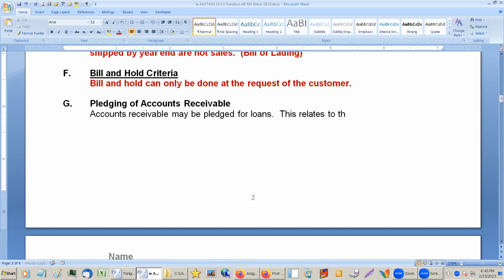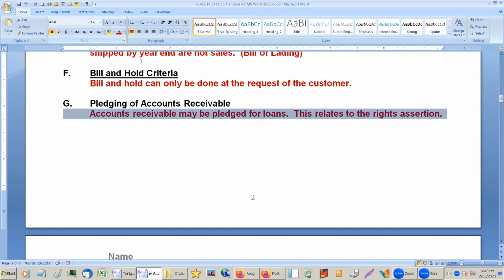This relates to the fact that even though they have the accounts receivable, it's possible they don't have the rights to them.